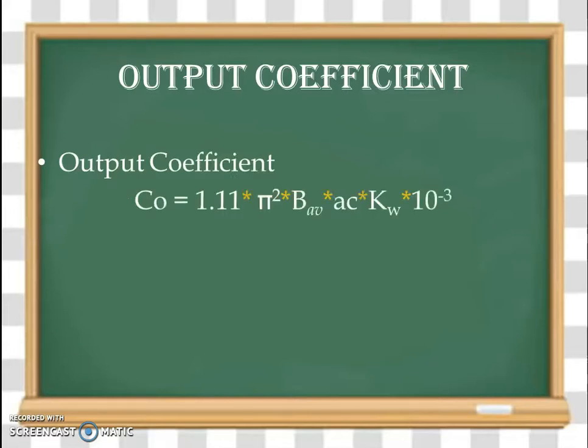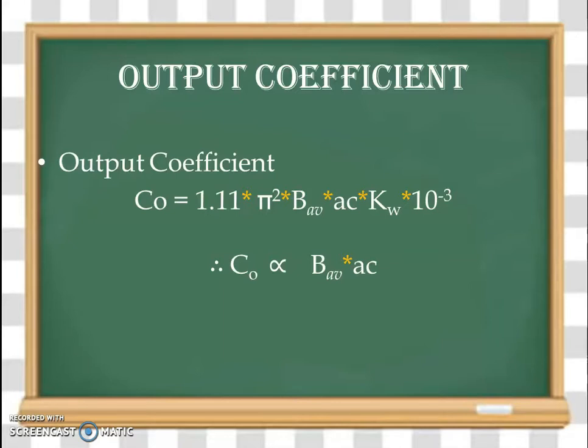We know that the output coefficient CO is equal to 1.11 multiplied by pi square multiplied by BAV multiplied by AC multiplied by KW multiplied by 10 raised to minus 3, where BAV is the specific magnetic loading and AC is the specific electric loading.